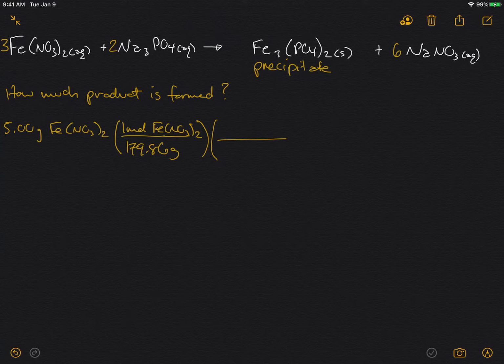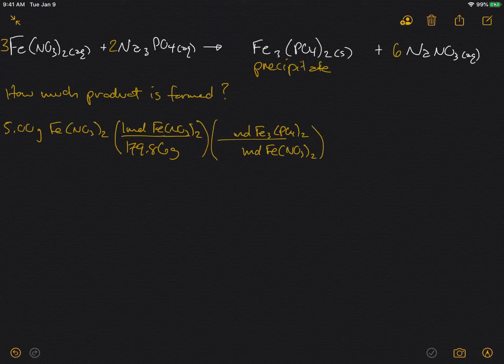So in this unit conversion factor, we call this the mole-to-mole ratio. And we're looking at the ratio of moles of iron nitrate. So we want to cancel that one out, and we want to end up in units of moles of product. So we want moles of iron phosphate.